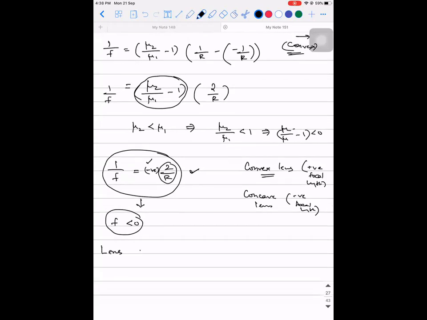That lens will start behaving exactly in the opposite way. Meaning, if you take a convex lens and you dip it into a medium of greater refractive index, it will start behaving like a concave lens. Similarly, you take a concave lens and dip it into a medium of greater refractive index, it will start behaving like a convex lens.